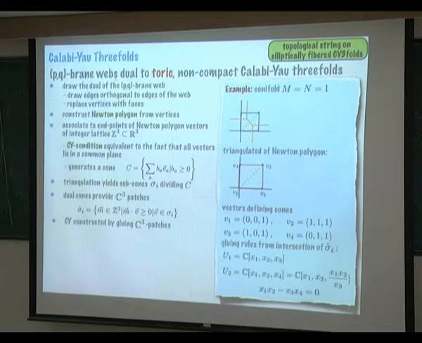And the toric Calabi-Yau which I get is simply obtained from these C3 patches by gluing them together, following the rules of how the sigmas in my original Mutant polygon were glued together.